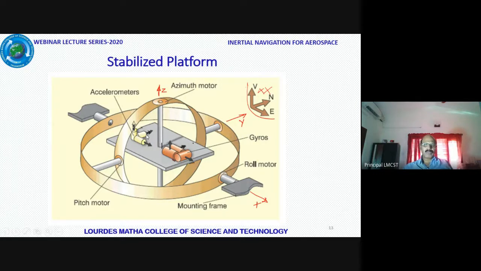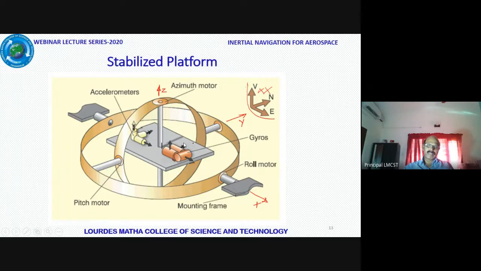So one important point the students have to know is that compared to a strap-down system, here the range of the angular rate which is to be measured by these gyros will be very small, because of course there is an attenuation of the angular motion from outside to inside.